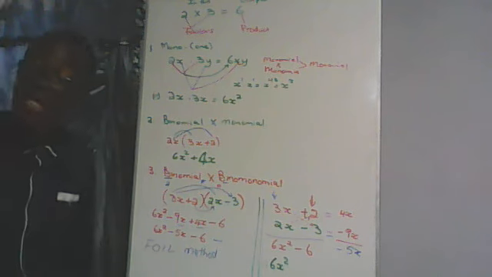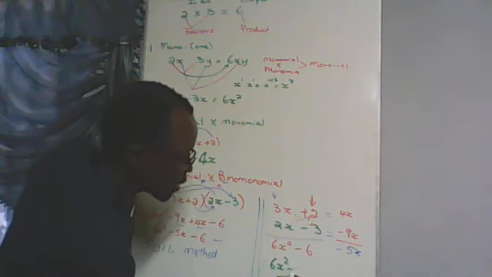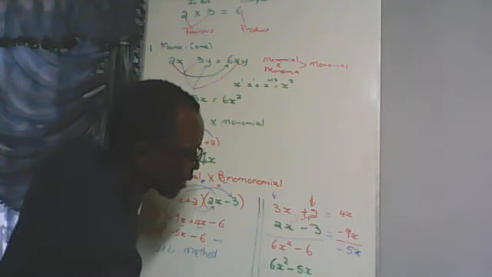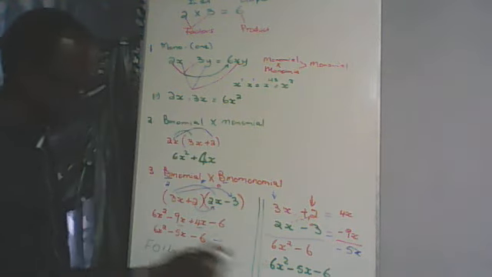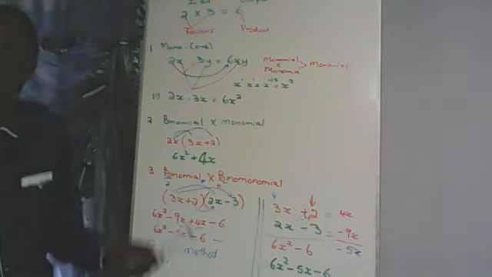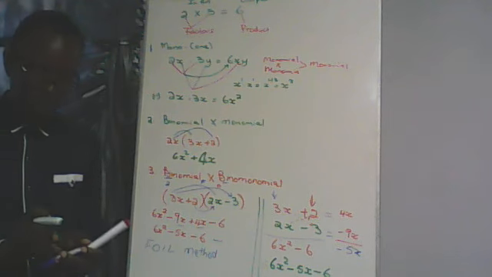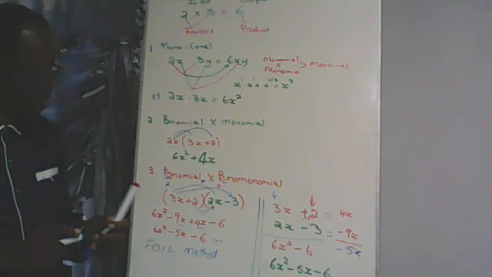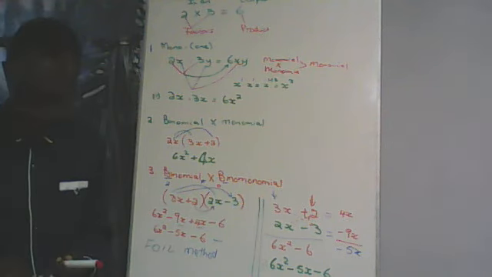The exponent is the highest exponent. So then x, it's minus 5x. And then the last one is minus 6. Now look at this. These are similar. Now, this is when you multiply a binomial by a binomial.